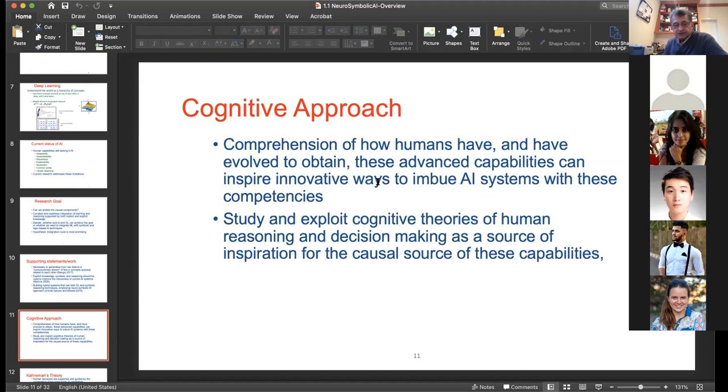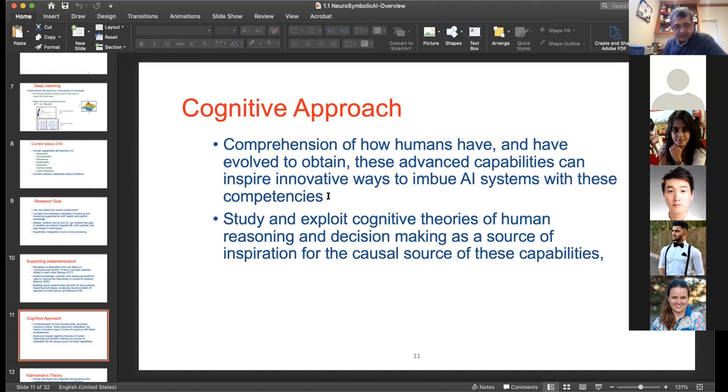So you can say, look, we are also neural networks in our brain, but we have evolved to develop these kinds of capabilities. Study and exploit cognitive theories of human reasoning and decision making as a source of inspiration for the causal source of these capabilities.